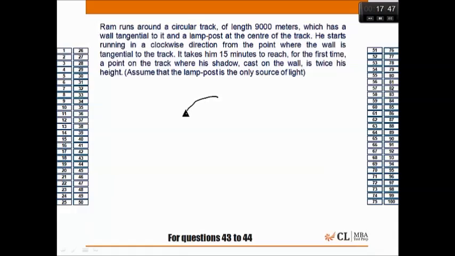Ram runs around a circular path. Length is 9,000, which has a wall tangential to it. Okay, there's a wall which is tangential to it, and a lamp post at the center of the track. He starts running clockwise from the point where the wall is tangential. It takes 50 minutes for the first time to reach a point on the track where the shadow cast on the wall is twice his height.